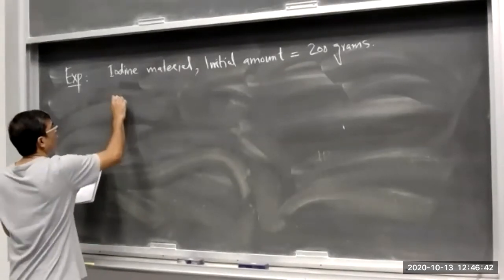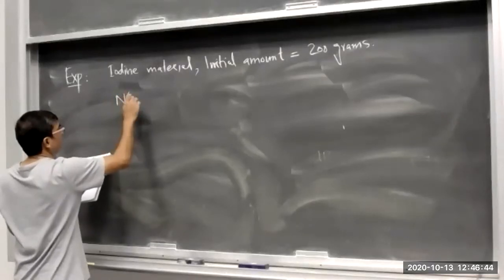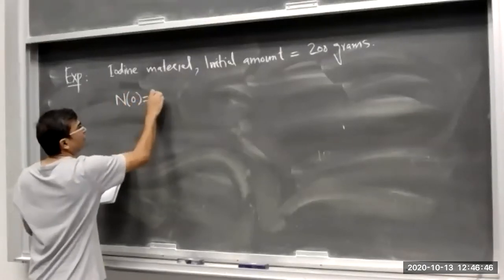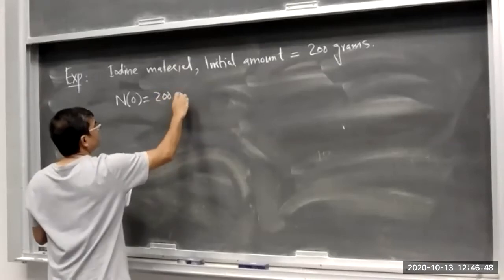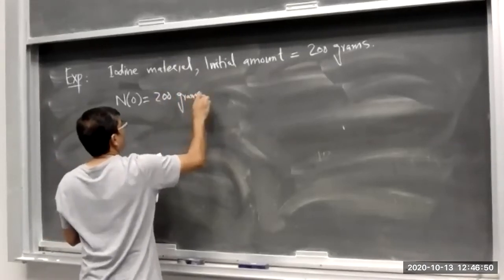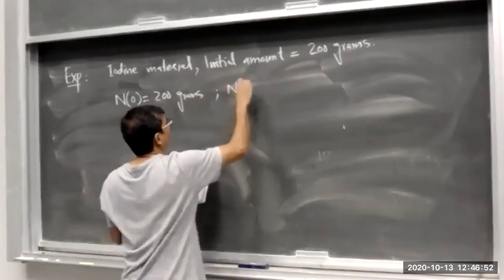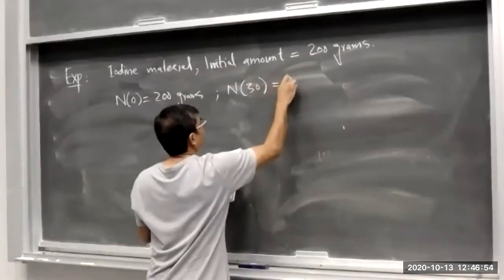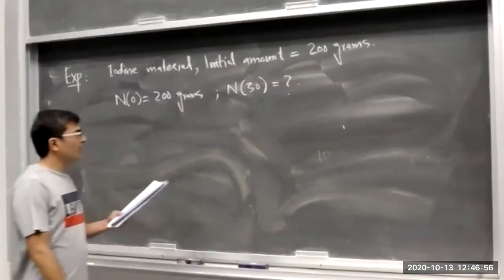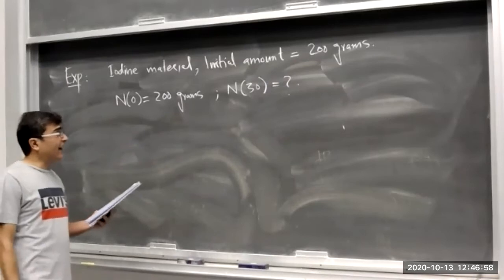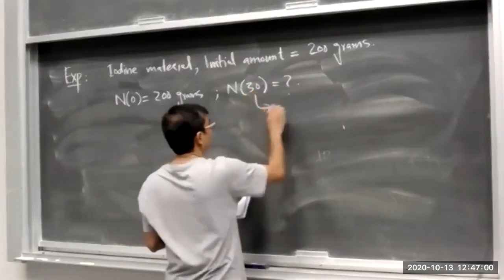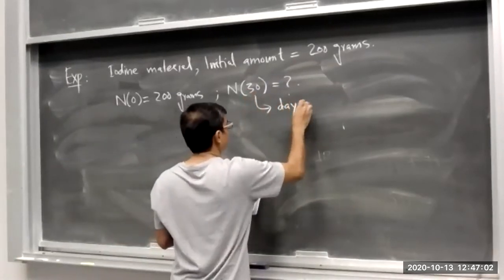So if we call its amount N of t, then N of 0 is what? It is 200 grams, and we need to compute its amount after 30 days. So it is 30 days.